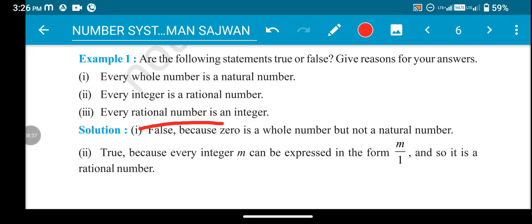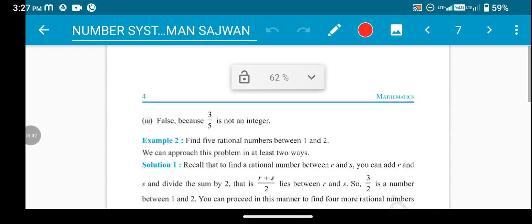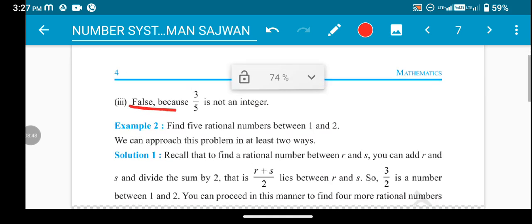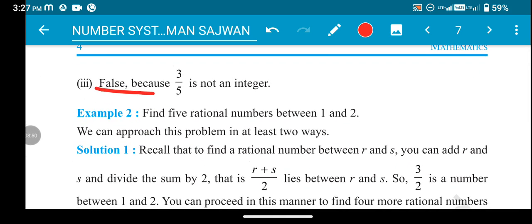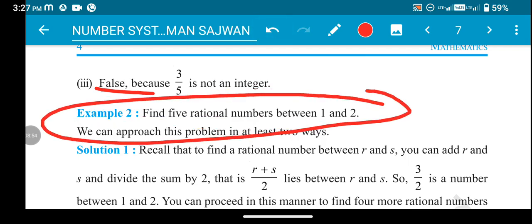Every rational number is an integer? False. Every rational number is not an integer. This type of question always comes in the exam.